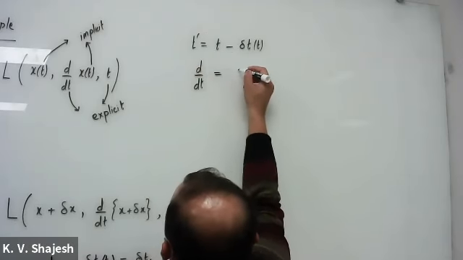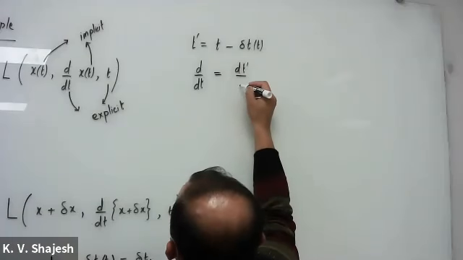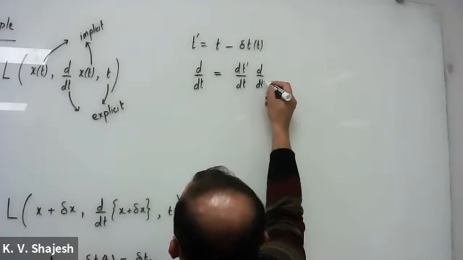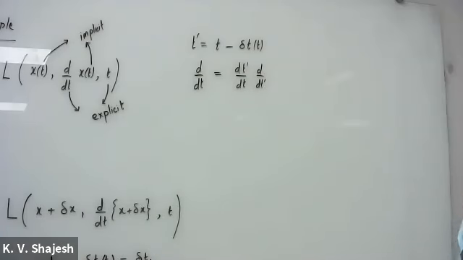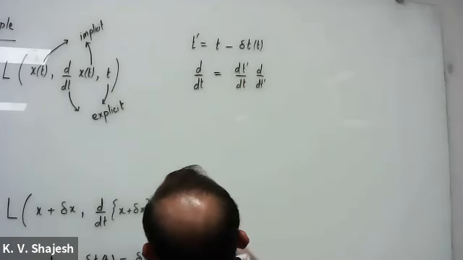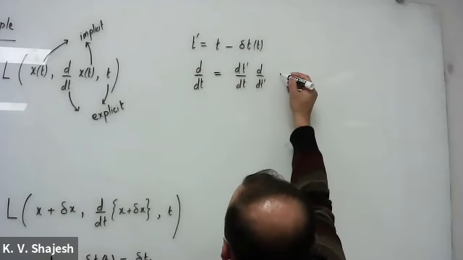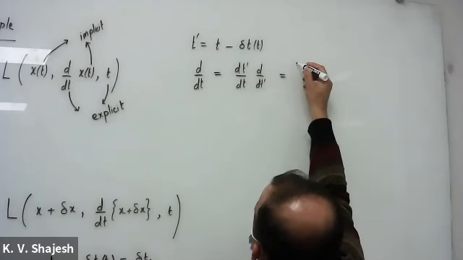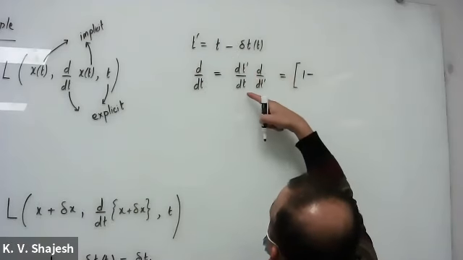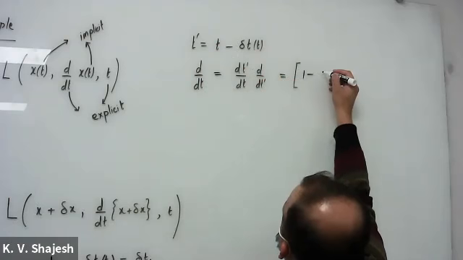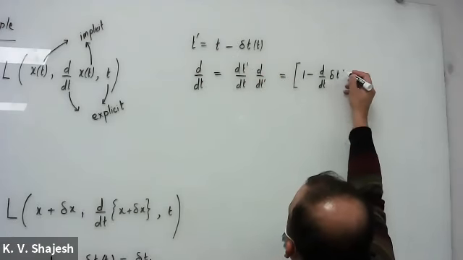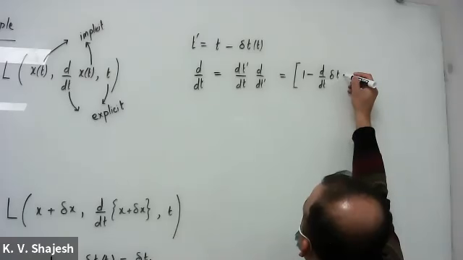So this is the same as dt prime over dt times d by dt prime. Just chain rule. But this is equal to, I can take the differentiation there. That will be equal to, take the derivative, so that's 1. Take the derivative of this with respect to t. So that's d by dt of delta t of t.